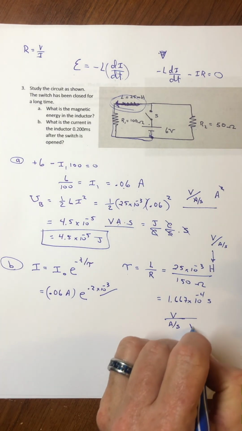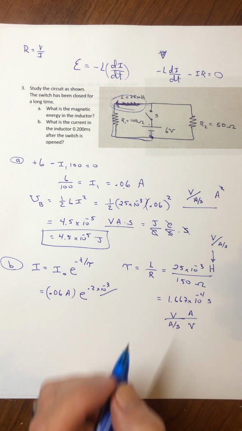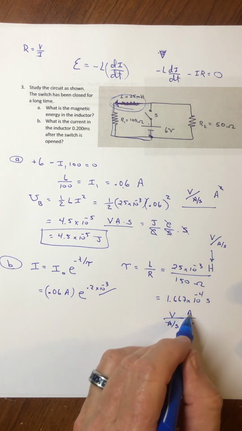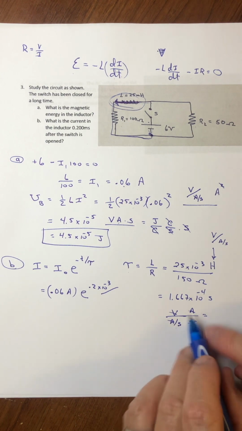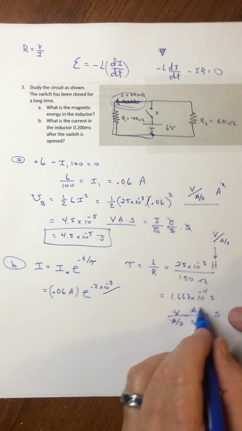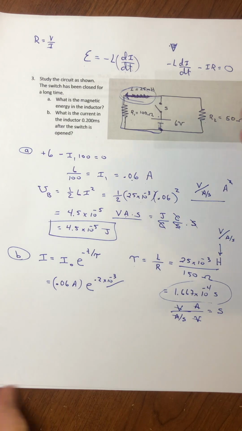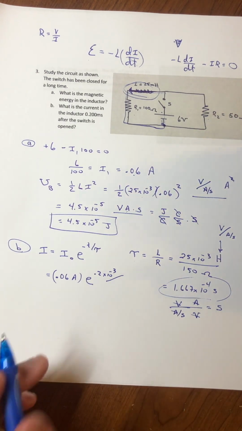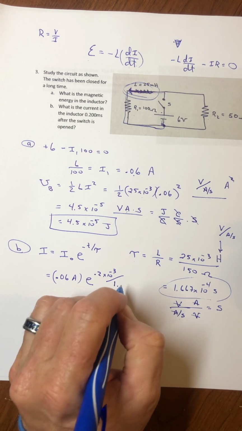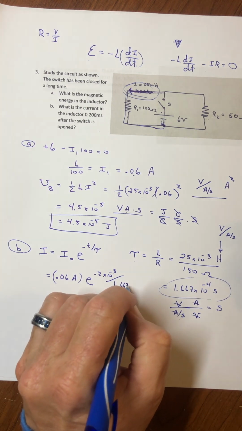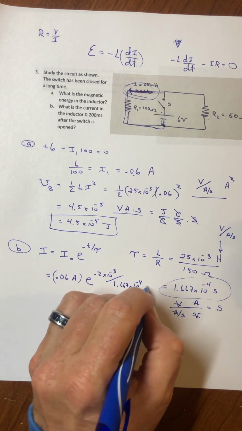So this would be a V over an amp. I would let the amp cancel and the volts cancel, and then that per second down here would flip and give me seconds. So sure enough, it comes out in units of seconds as it should. So back here, this would be 1.667 times 10 to the minus 4 seconds.